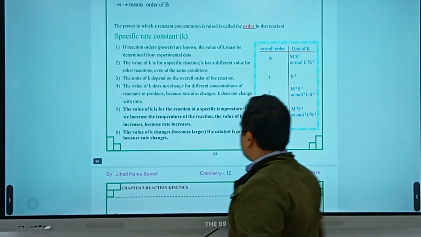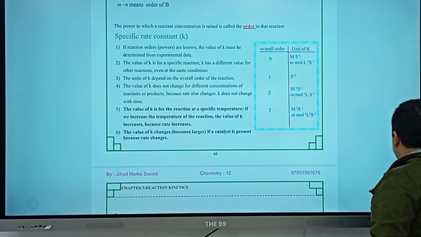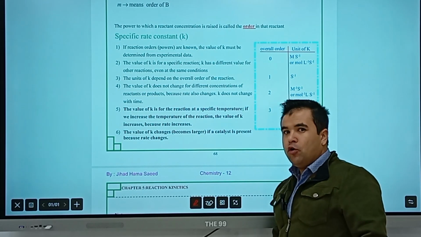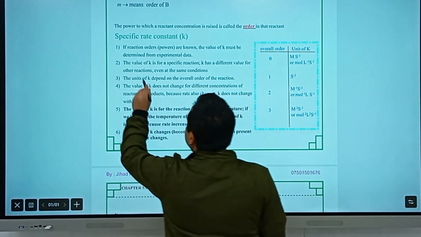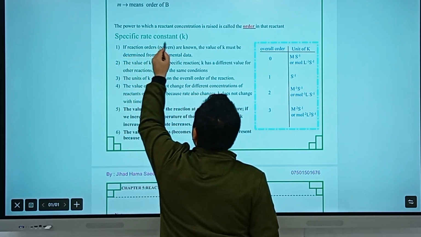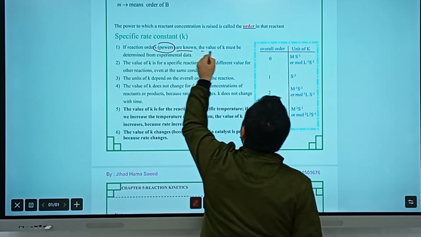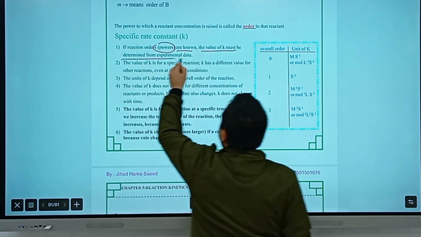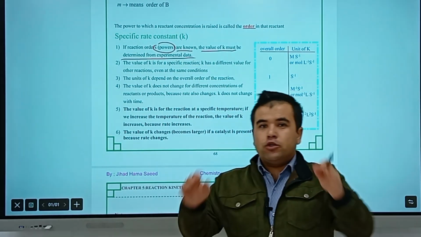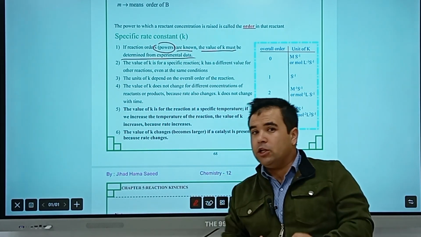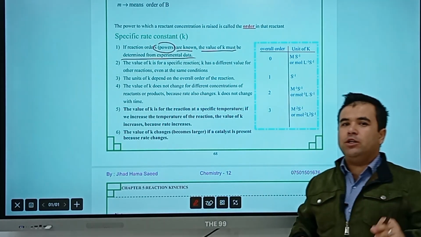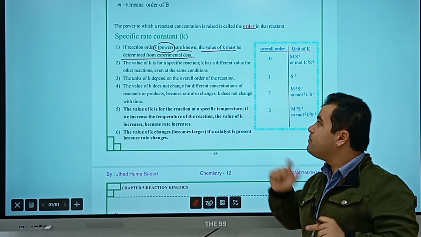K, or the specific rate constant: we have some important notes on K. Let us talk about those notes, guys. The first one: if the reaction orders, the powers, are known, the value of K must be determined from experimental data. So we are not able to determine the value of K until we calculate the orders of the reaction.